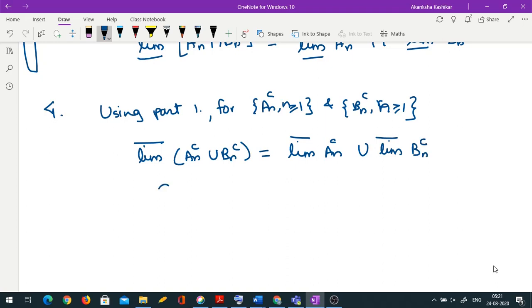And now you take complements on both the sides. So taking complements on both the sides, what do I get? By the way, spelling of complement is E, not I. I is you're wishing someone.